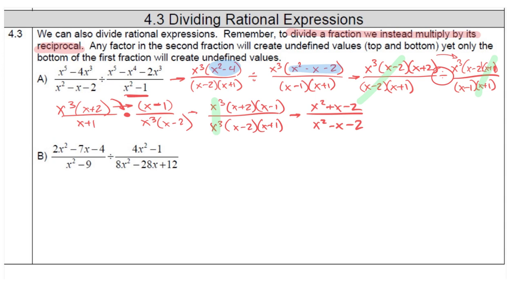Let's do one more. I'm just going to go pretty quick, and I'm not going to talk through this one as much. So let's rewrite this. Factored out, we have 2x plus 1 times x minus 4 over x minus 3, difference of two squares.